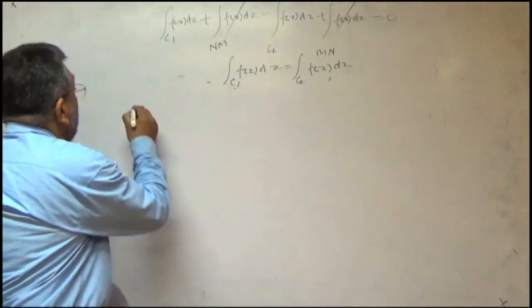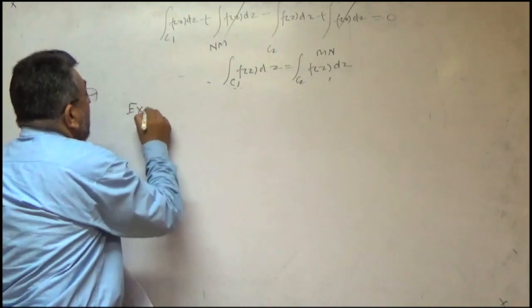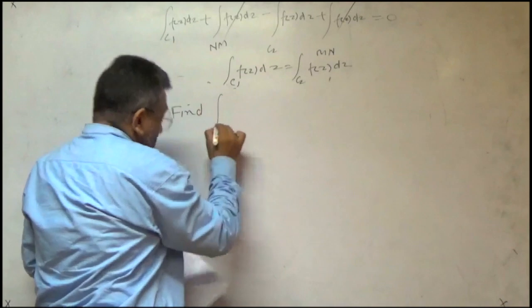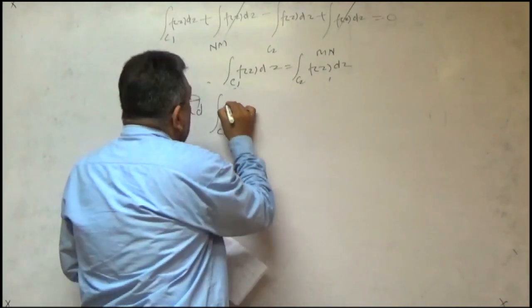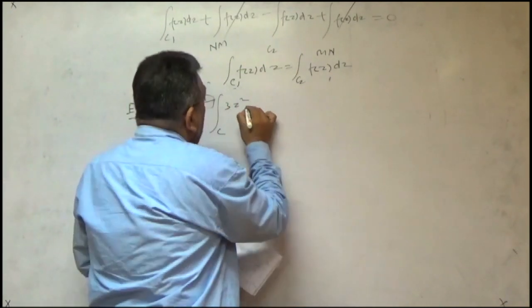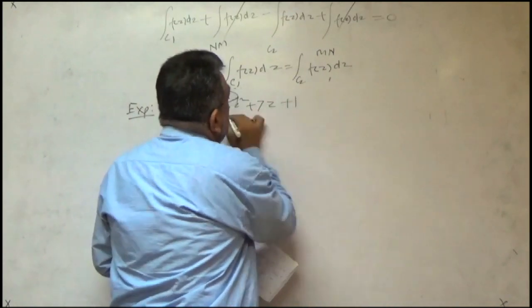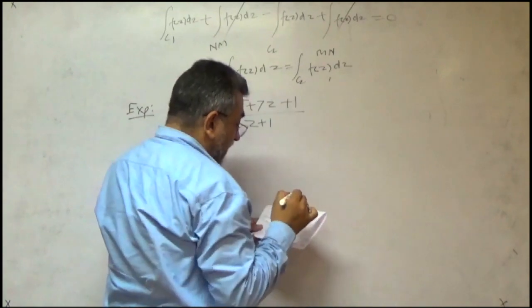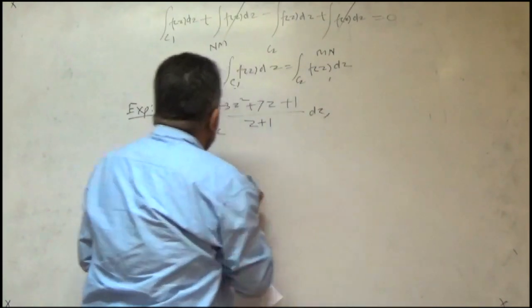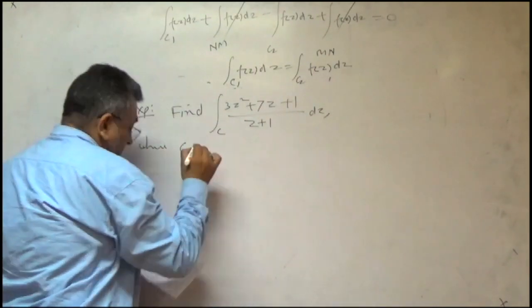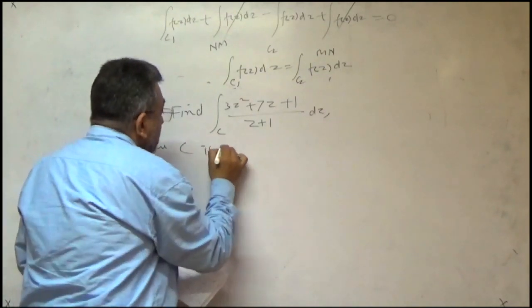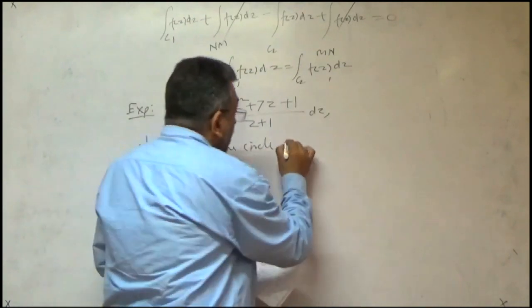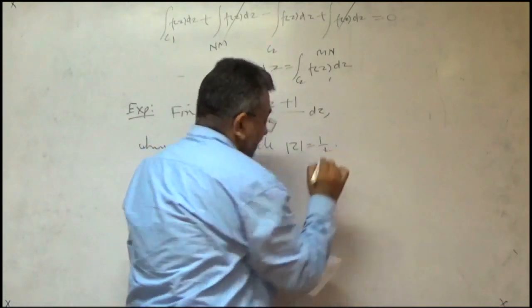So first we take an example. Find the integral over C of (3z² + 7z + 1) upon (z + 1) dz, where C is the circle |z| = 1/2.